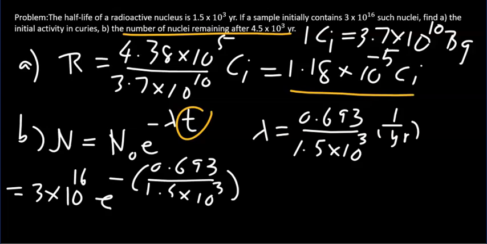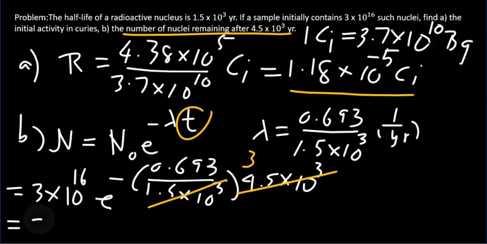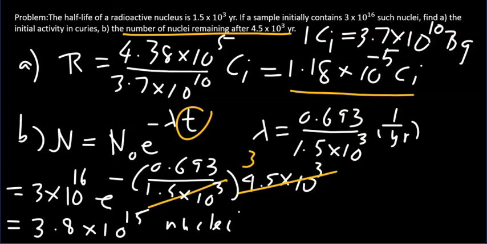So that is just 4.5 times 10 to the power 3. So you see that this and that will give you 3, and the resulting number can be calculated easily. And the answer is about 3.8 times 10 to the power 15 nuclei. And that solves the problem. As always, thank you for watching.